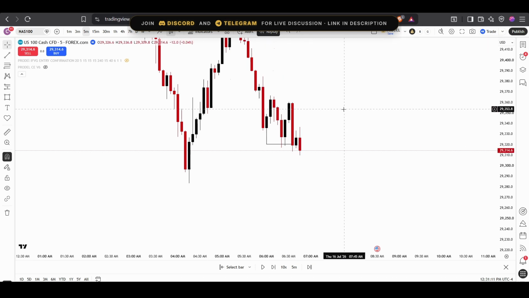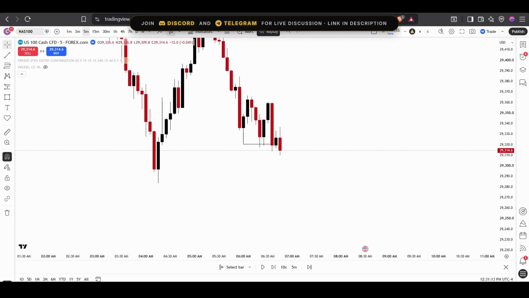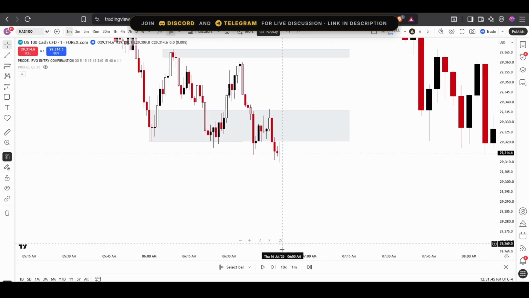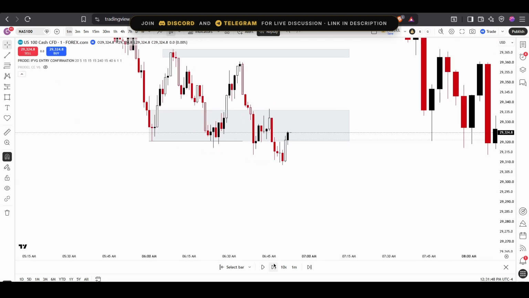Here you can see our support become resistance level is this level, and the formation of the CCT starts from here, and the engulfing is here. So we just mark the apex level at this high of the structure, and our support become resistance level is there. Let's go to the 1 minute time frame and wait for the inverse fair value gap.